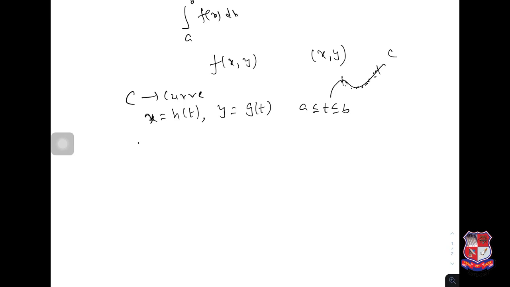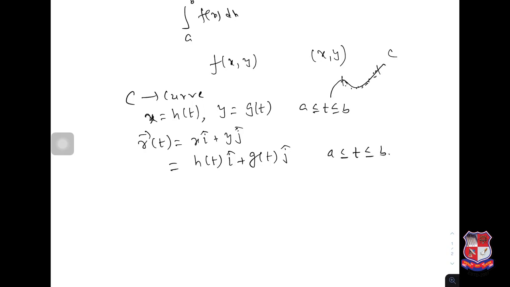Now we know the position vector r is xi plus yj. Here we are considering 2 variables, and so that is nothing but h(t) i plus g(t) j, where t lies between a and b.